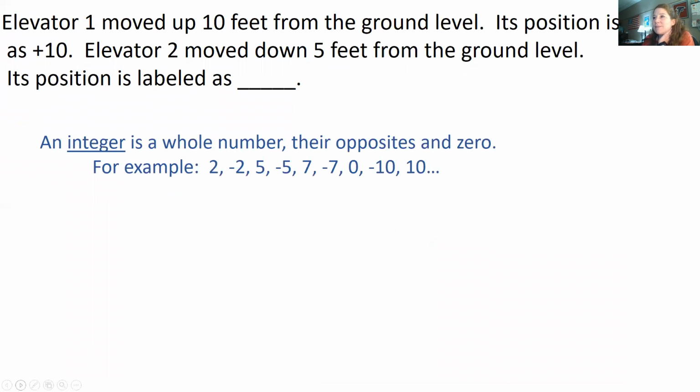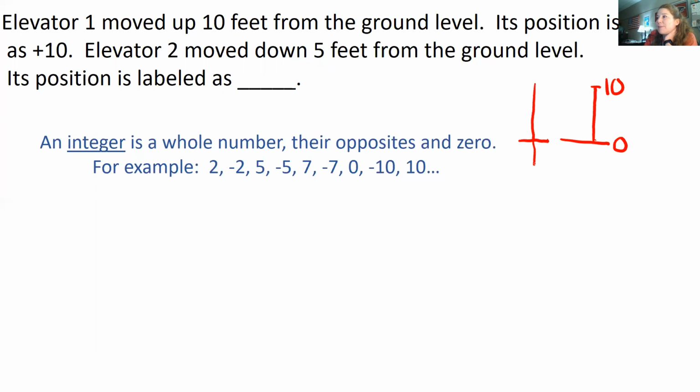All right, so let's look at this math problem. It says elevator 1 moved up 10 feet from ground level. So this is ground level, which we would consider 0. It moved up 10 feet, so positive 10 feet. Its position is labeled as positive 10. Elevator 2 moved from ground level down to 5 feet below ground level.